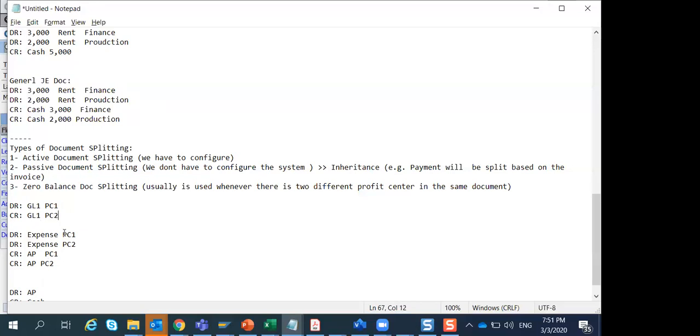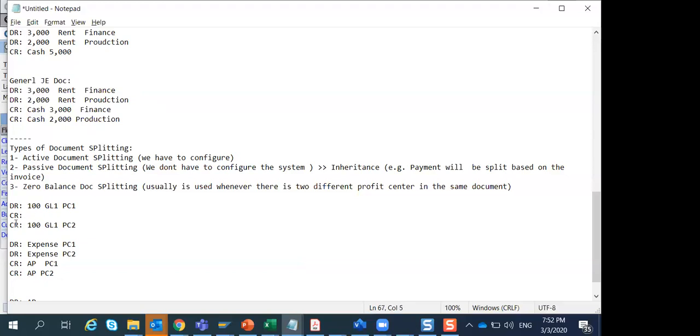So we have a document with two profit centers in the same document, debit and credit, two different profit centers. What is the system going to do? The system is going to try to balance this. For example, if you have 100 debit, the system is going to do a credit. Let's imagine the amount was $100, just to make it realistic.